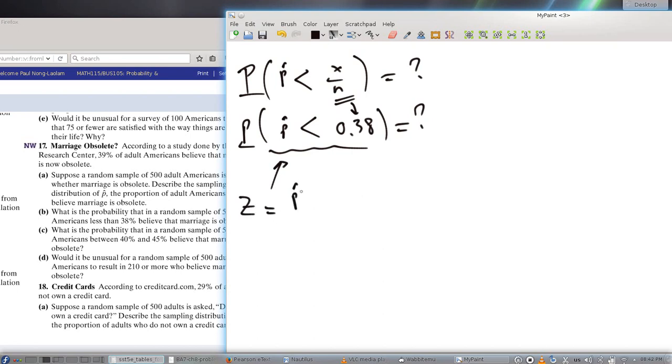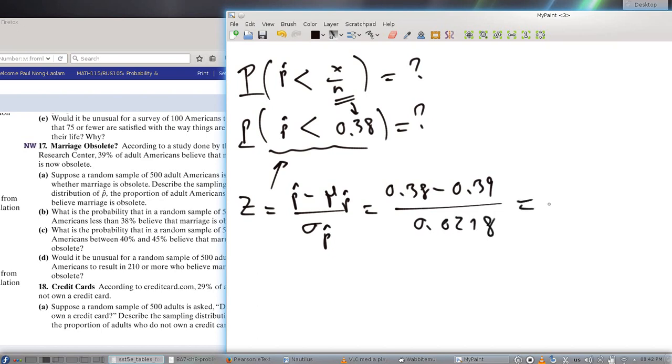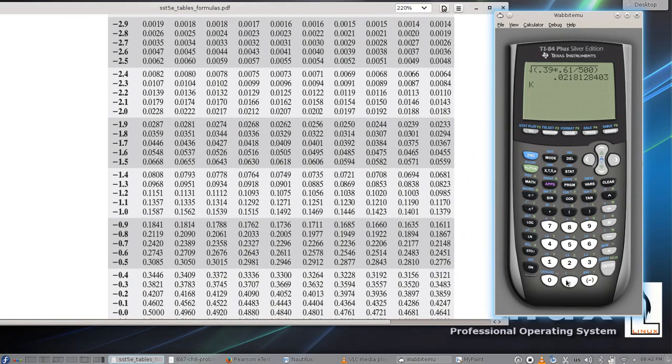So you have p hat minus mu of p hat divided by sigma of p hat, which is 0.38 minus 0.39 divided by 0.0218. Let's do a quick computation of that.